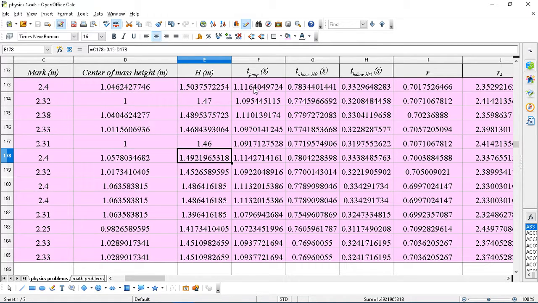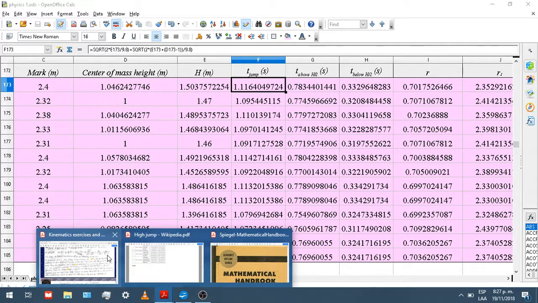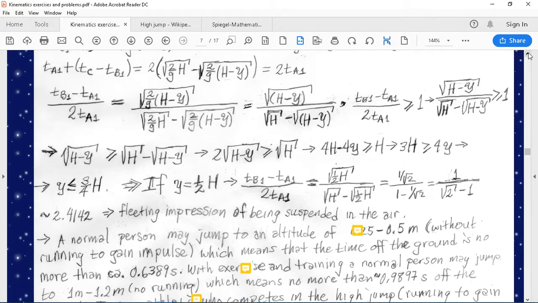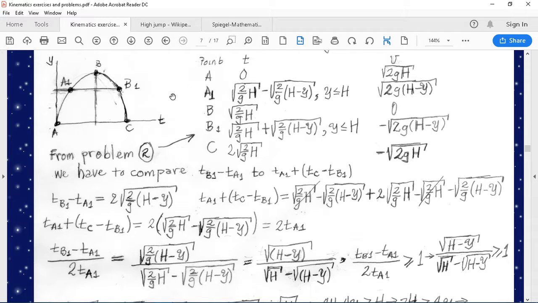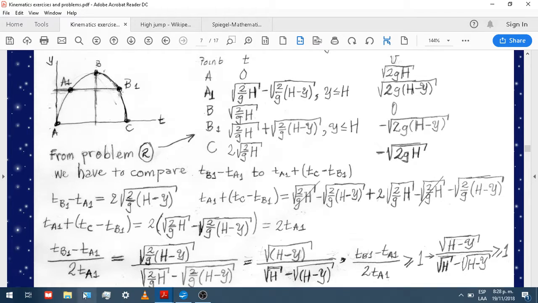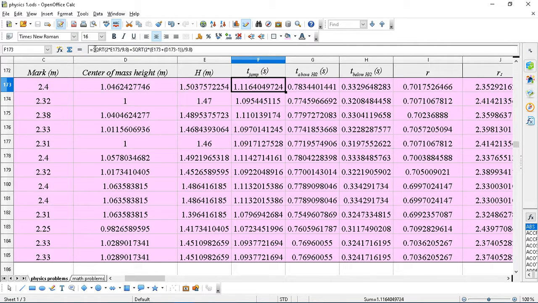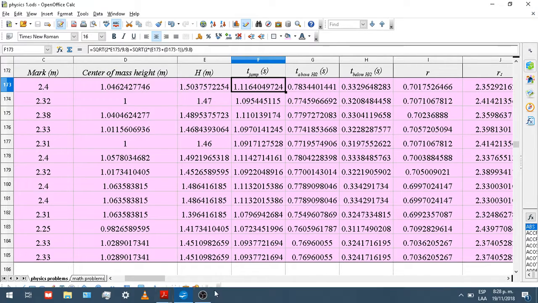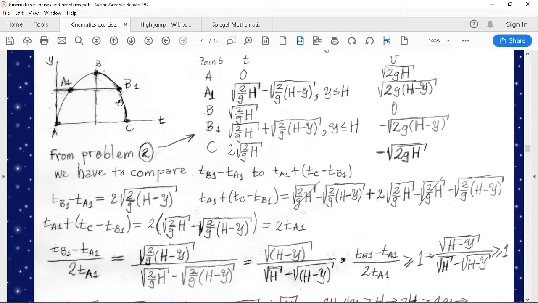These are the times corresponding to the jump, which are given basically as the initial time, that is the time it takes to go from the starting point of the jump to the maximum altitude, which would be the square root of 2 over g times h, which corresponds to this term, plus the time that it takes for the jumper to go back down to the landing point.